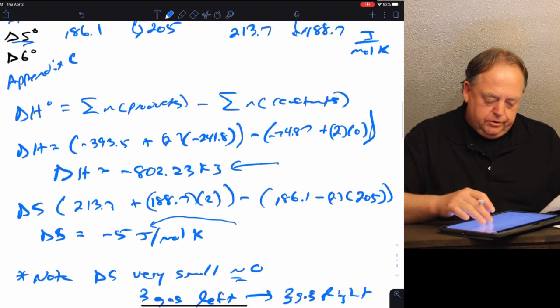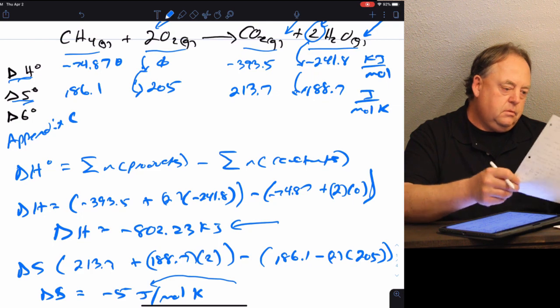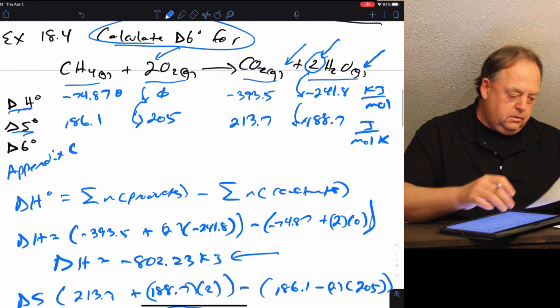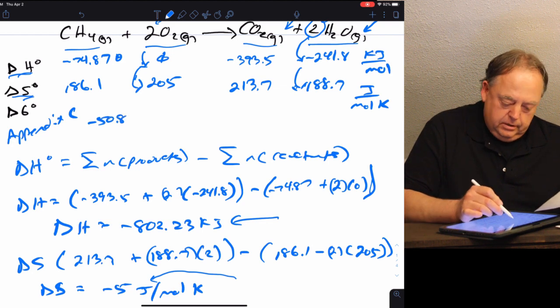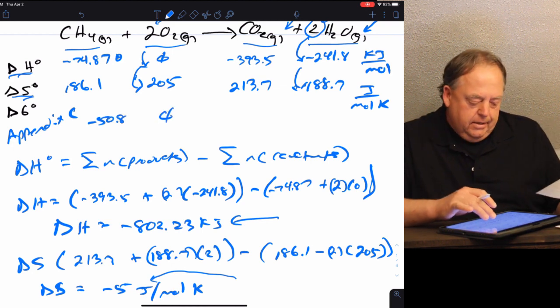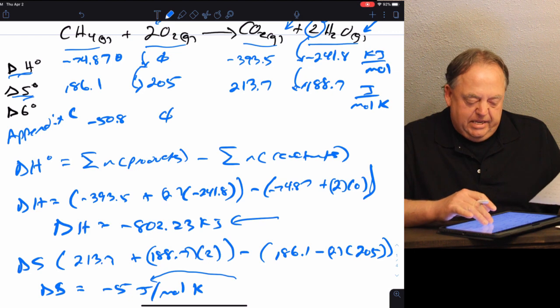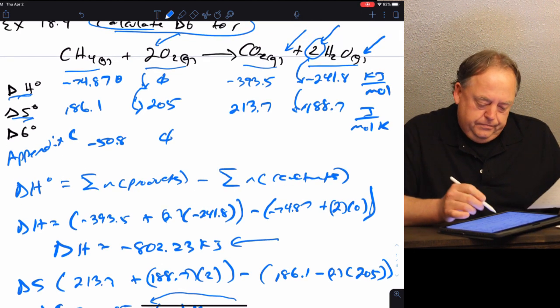So if we look these values up in the table, for CH4 it's negative 50.8. For O2, delta G0 formation of any element is 0.